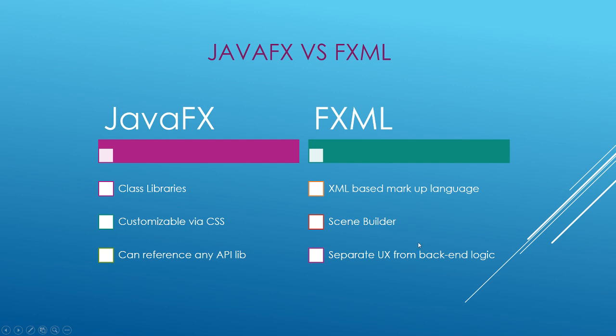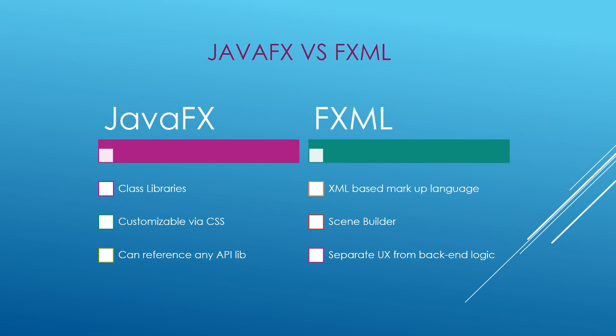And then as compared to that, we can use FXML, which is an implementation of XML for form building that is used by Java. So we're using the XML-based markup language that may be familiar to you.